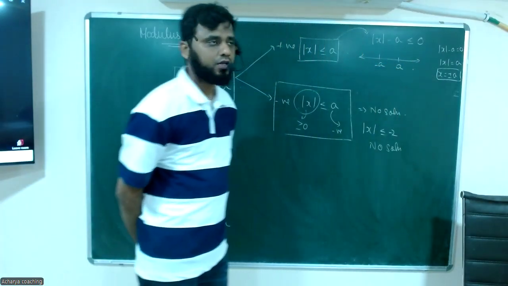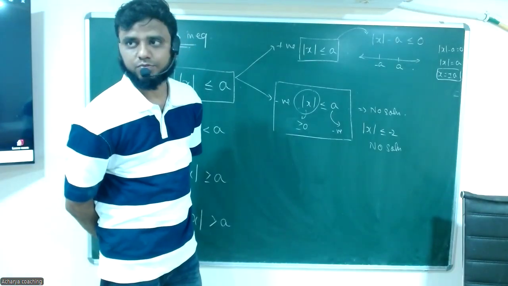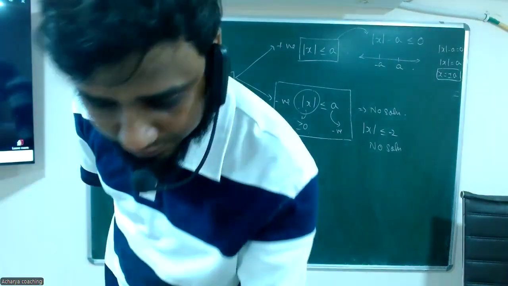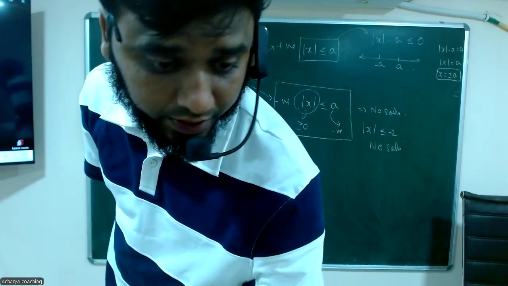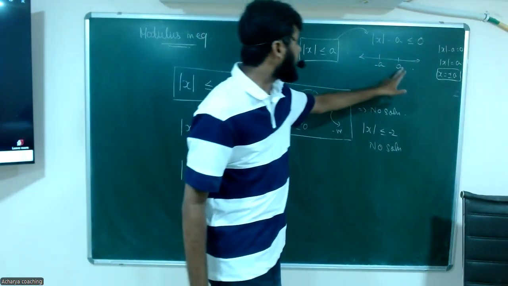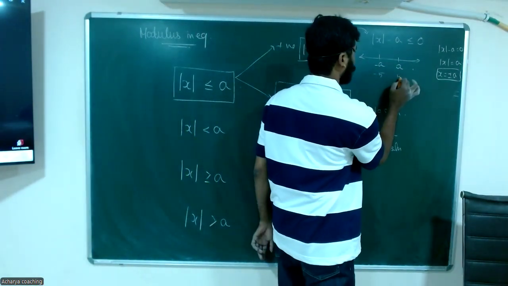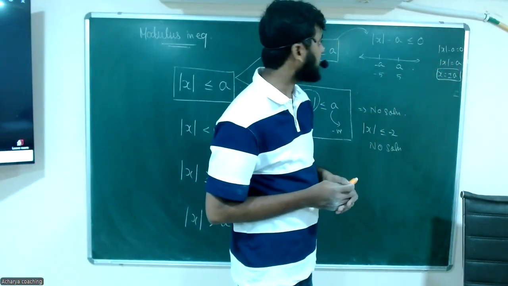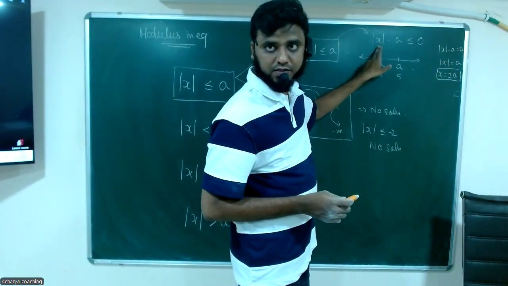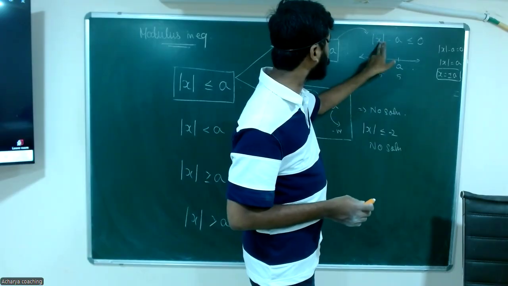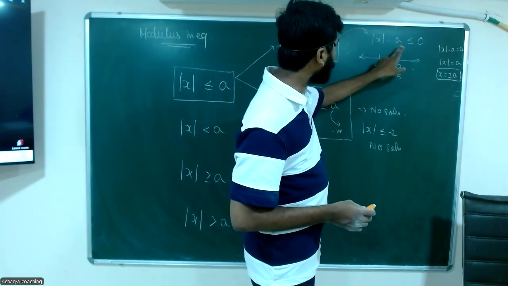Okay. Now from a to infinity, take any one value. Assume a is, suppose, 5. So in that case, here -5, plus 5. If I take any value, let us take 6. Modulus of 6 is 6. Sorry, a is 5, right?